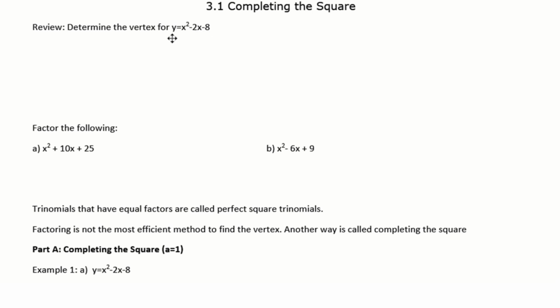So this is a standard form, y equals ax squared plus bx plus c. A is 1, b is negative 2, and c is negative 8. For factoring, we could use the x game, three terms, then times together the two numbers.